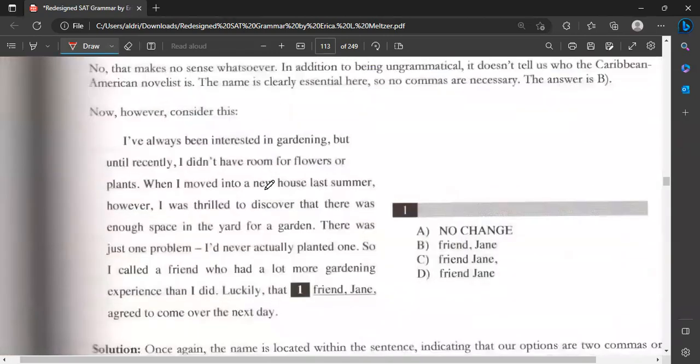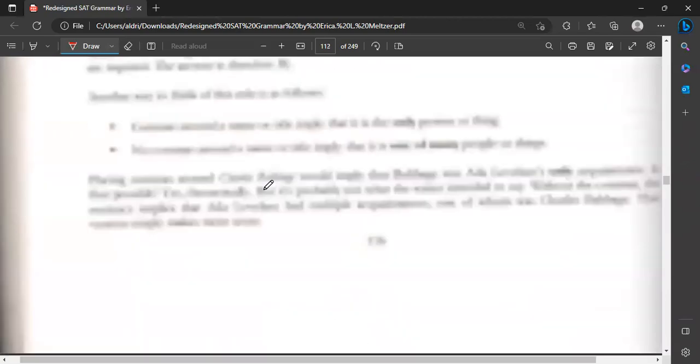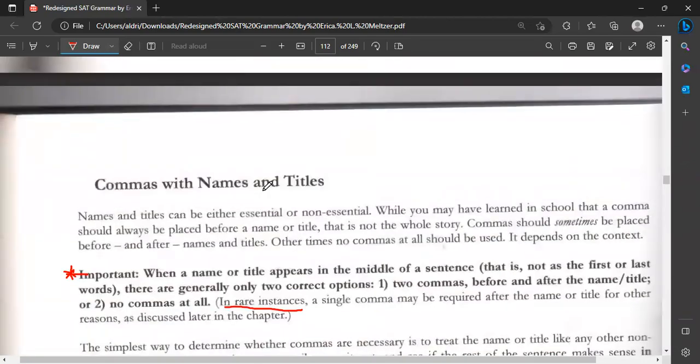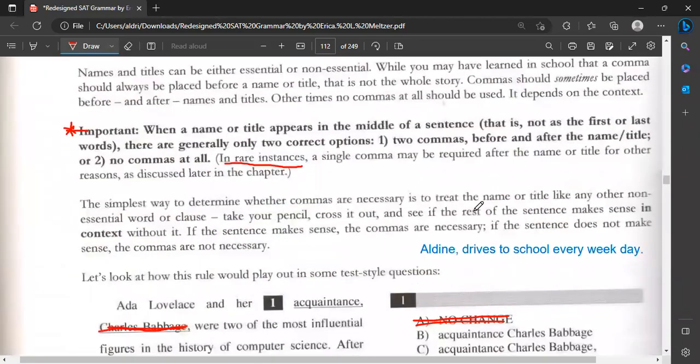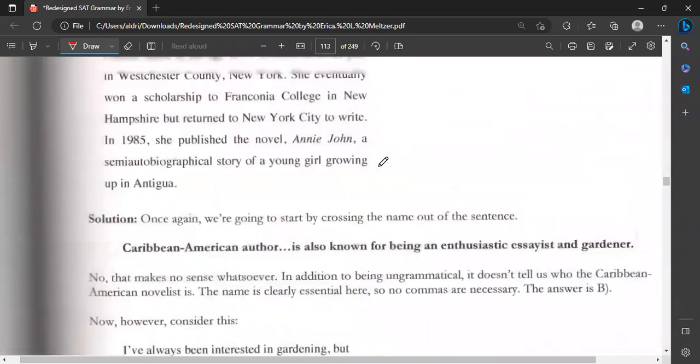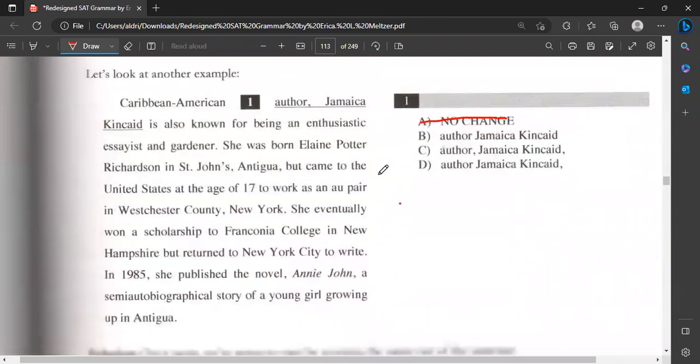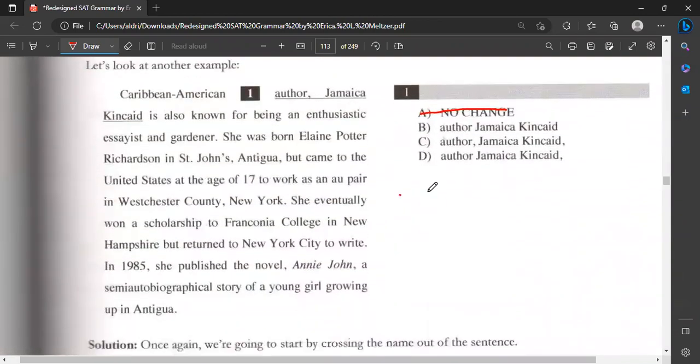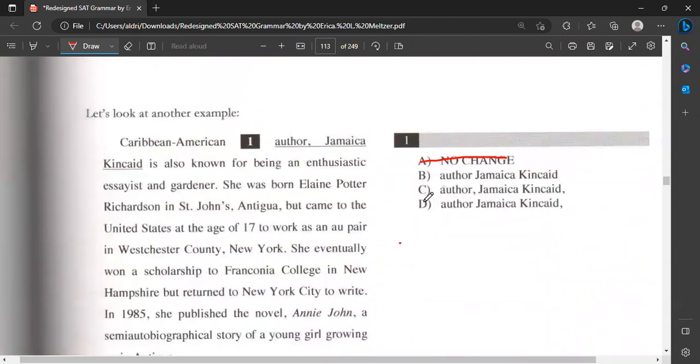The simple shortcut is always to cross that part out and see if it makes sense in context without that part. If it does, and the grammar is okay, then probably that's a non-essential clause. So using that, we can cancel A and D, right?